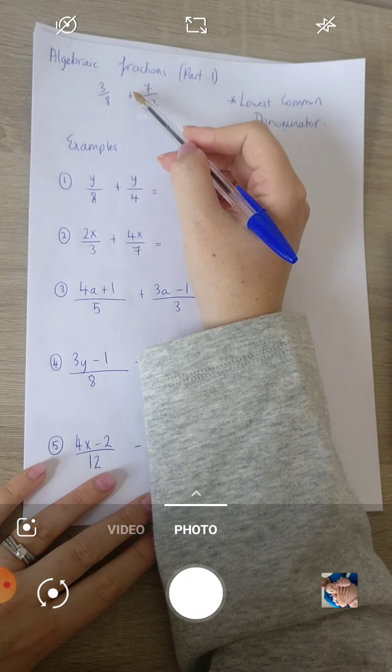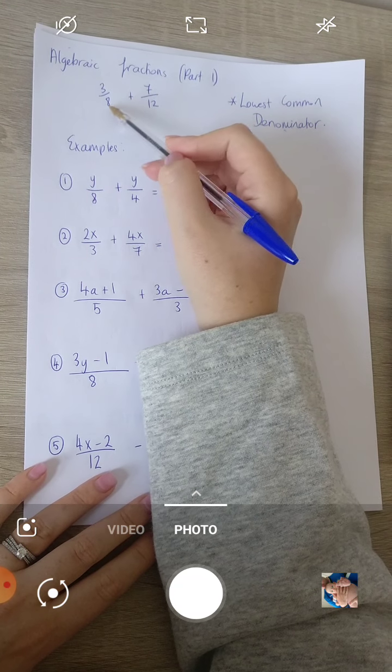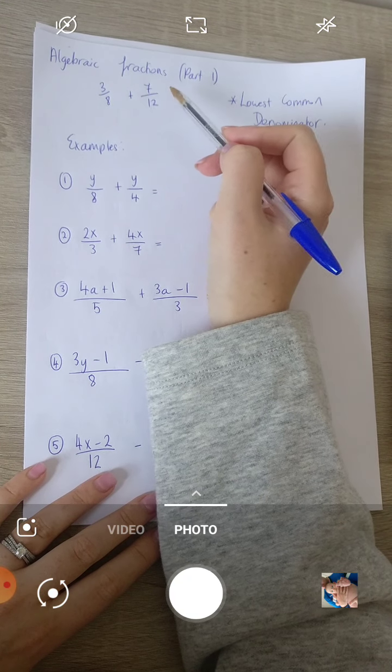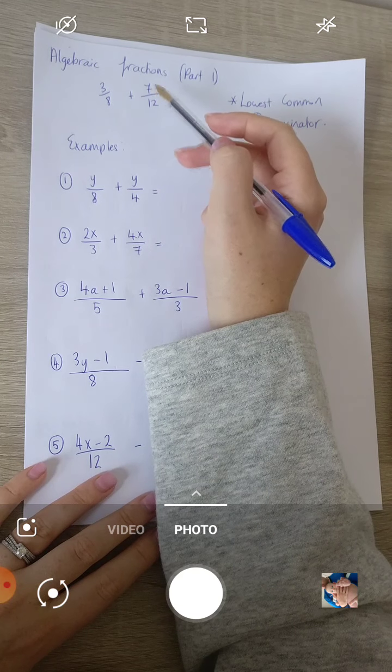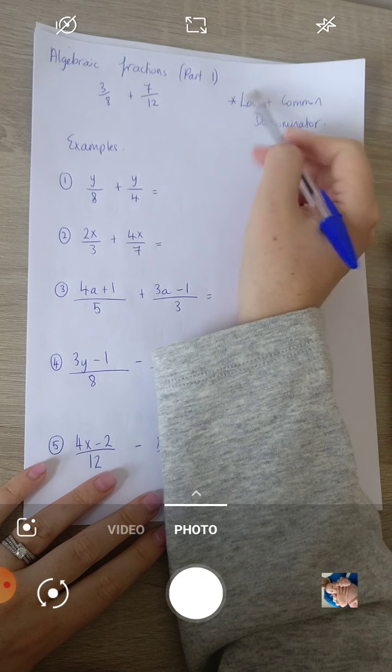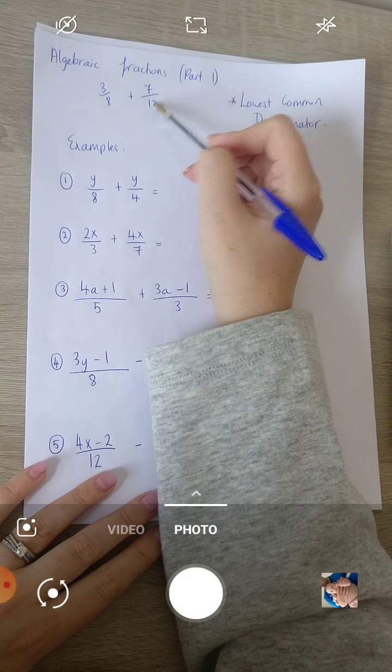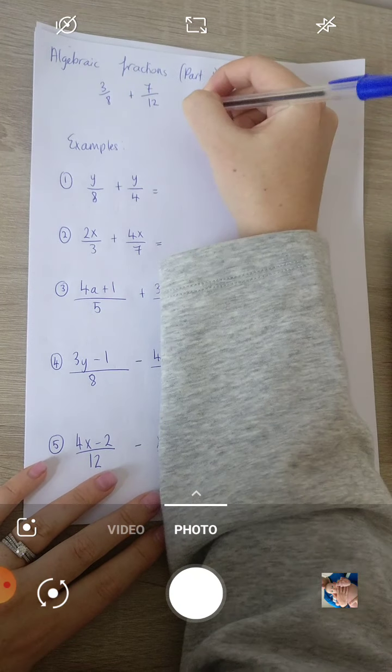In order for us to be able to add or subtract fractions, the denominator has to be the same here. There's a couple of ways we can do this. First of all, we're trying to look at the lowest common denominator. So 8 and 12 would have a lowest common denominator of 24.